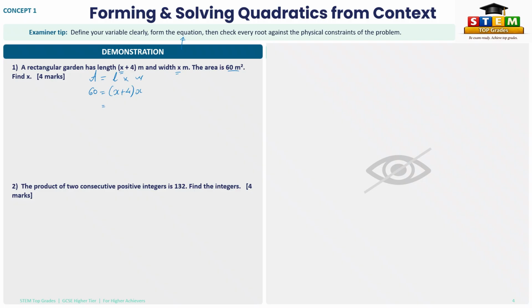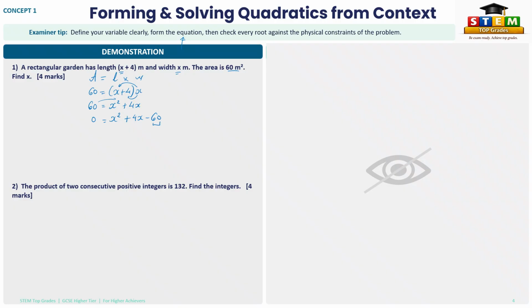So the next thing we've got to do is expand the brackets, multiply into the bracket, so you're going to get x squared plus x times 4, which is 4x, and on the left hand side you have 60, which means that we're going to have to bring the 60 to the right hand side. Remember, you've got to solve the quadratic equation, and when you do that, you must make sure that you get 0 on one side of that equation.